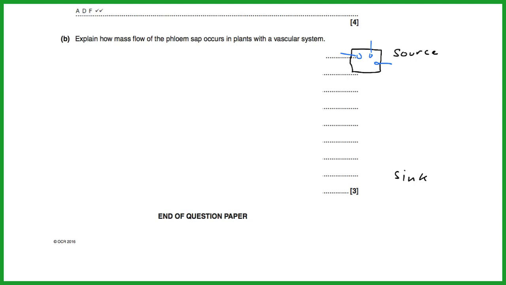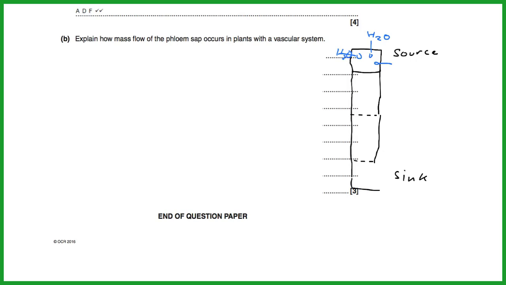That movement of water in from the xylem is going to cause an increase in hydrostatic pressure. Now remember, the sieve tube element is a series of tubes running down with gaps in them, which are the sieve plates, and then you get to a sink.